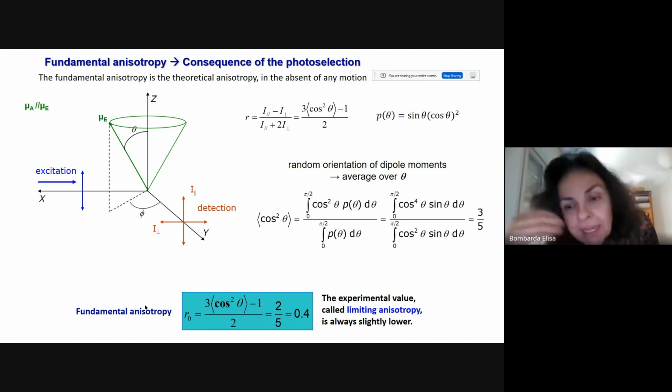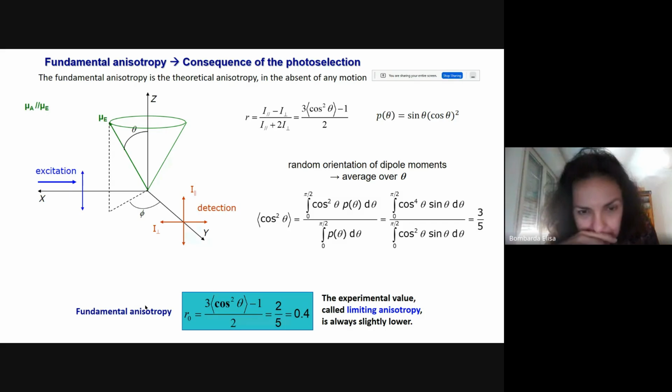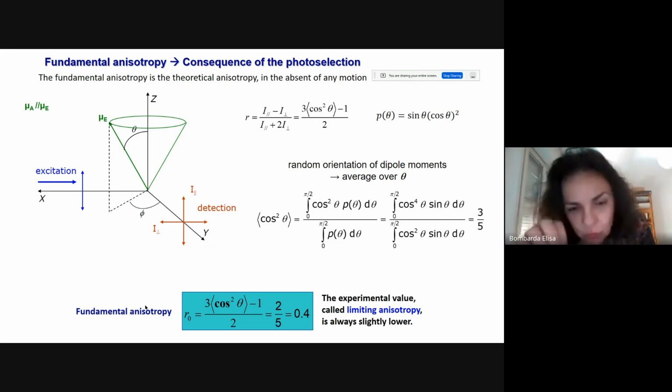And well, the experimental value is always slightly lower, because of course it's not a completely ideal solution, rigid, where everything doesn't move, and so on.